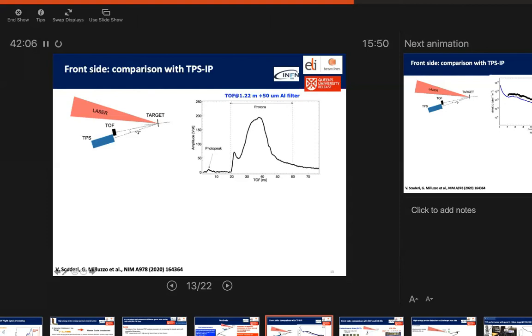If we had a huge photopeak with a very long tail, there would be a problem for the signal and for the maximum proton energy detection. In this case the diamond detector had this performance, and we could go very far.